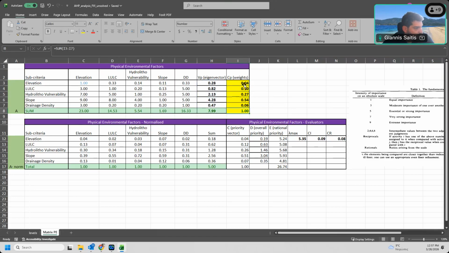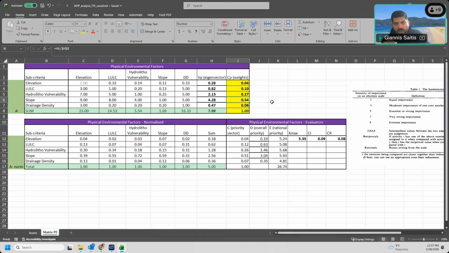I remind you that it is the division between each eigenvector and their sum, so they are normalized. So we here got more influence of the slope towards all our 5 parameters, okay?